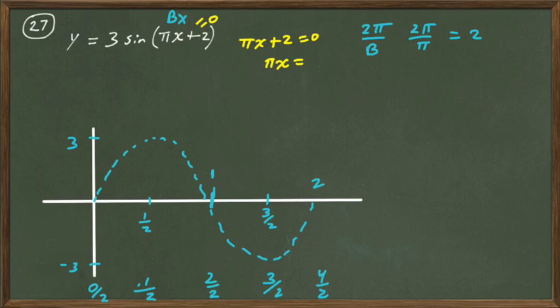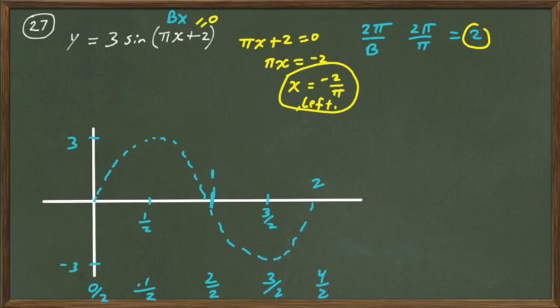If you subtract 2 and divide by pi, you'd have -2 over pi, right? Now, when the period doesn't have pi, but I'm shifting with pi, it's not going to make sense. So I don't know how you want me to do it. That means it's moved to the left.